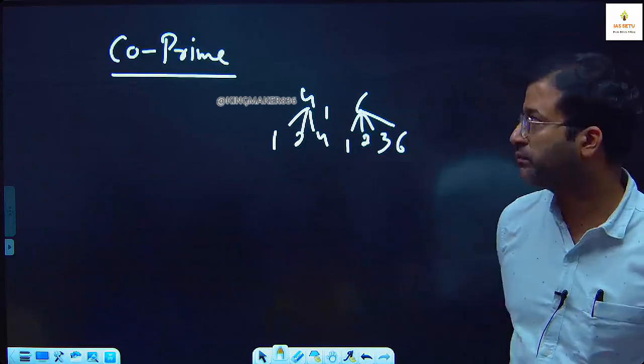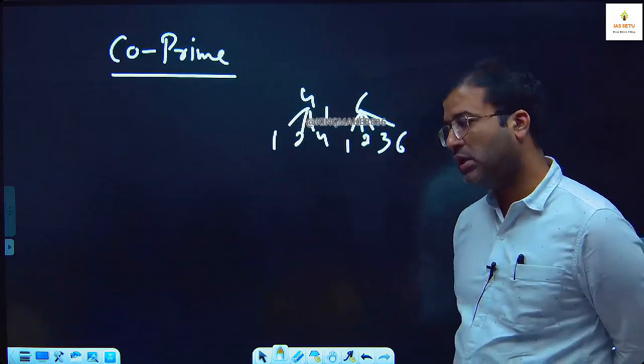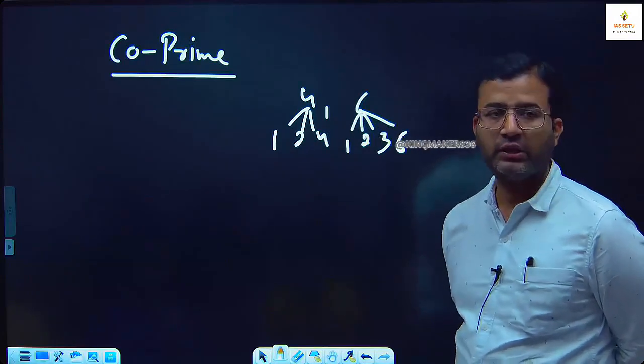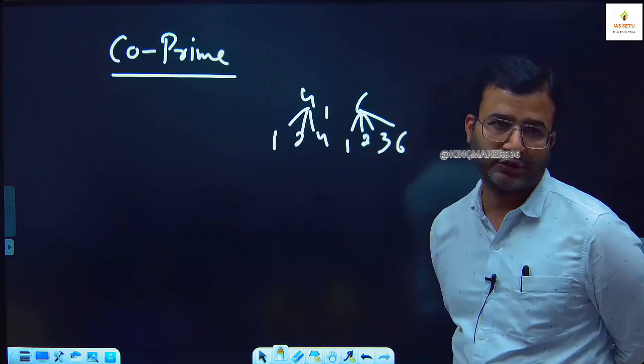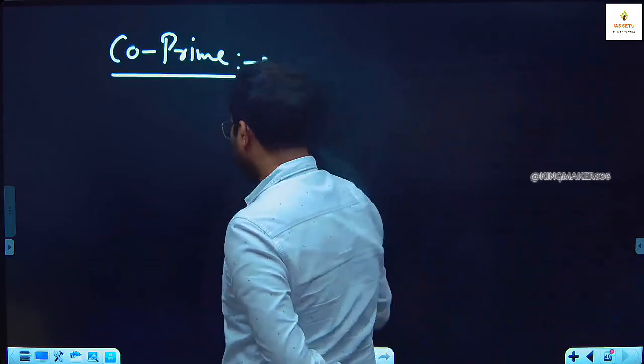मैं बताता हूँ. I tell you the definition. I tell you some of the example. Then I tell you some of the property. Then there will be confusion. Then I will clear that confusion. Okay. I tell you what is the definition of co-prime number. You note down.